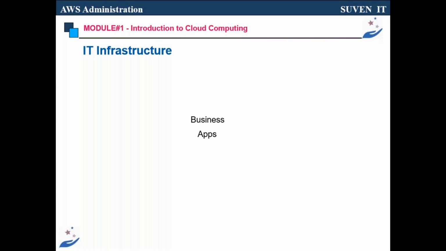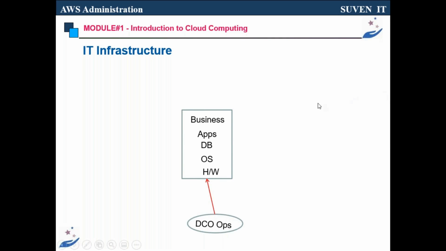If you go to any company, there are a lot of teams. Before going to teams, you need to understand that any business is always running on top of applications. Without application, there is no business. Just imagine Walmart. You are buying something and scanning it, and there are at least 15 to 20 applications in front of you.